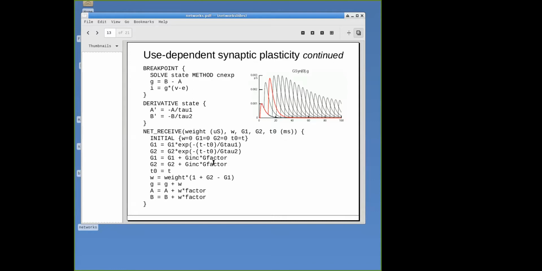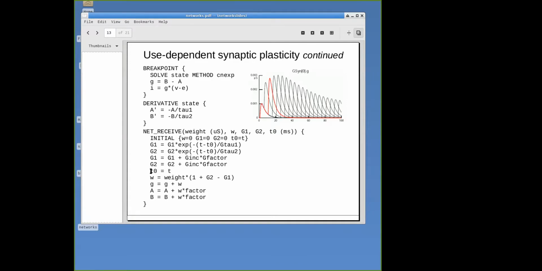This scale factor allows us to have a nice relationship between the G inc and the maximum degree of potentiation. So if the maximum potentiation is threefold, G inc would be 3, and G factor is a scale factor that is applied so that this works out correctly when we subtract G1 from G2.